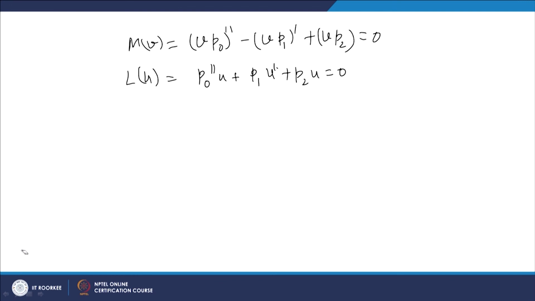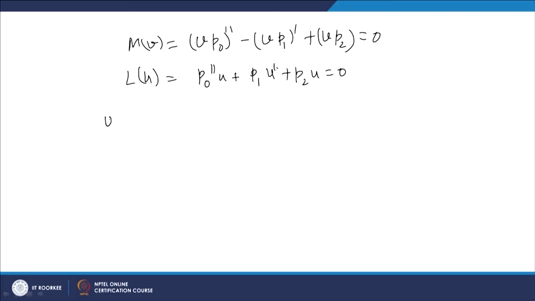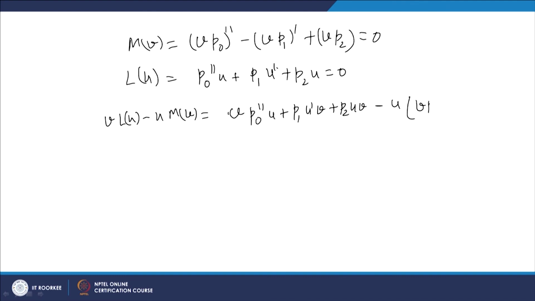Now we want to calculate this quantity v Lu minus u Mv. So v Lu is v P0 u double dash plus P1 u dash v plus P2 uv, minus u Mv. And u Mv is u P0 v double dash minus u v P1 dash plus u v P2.